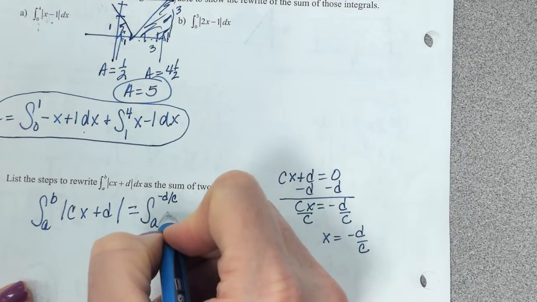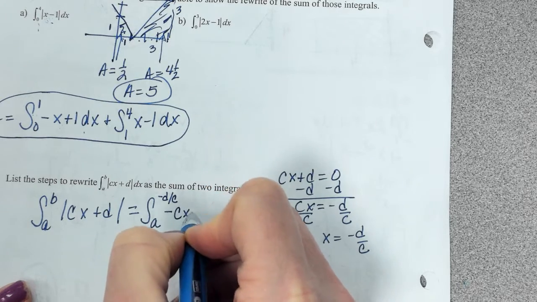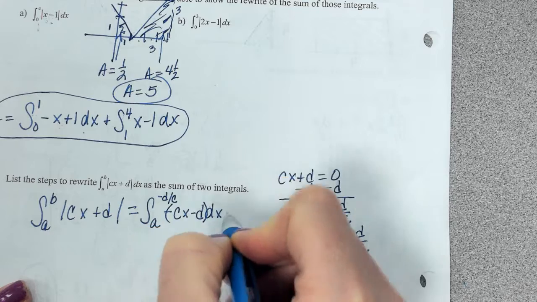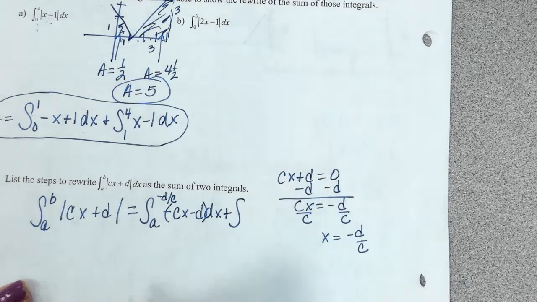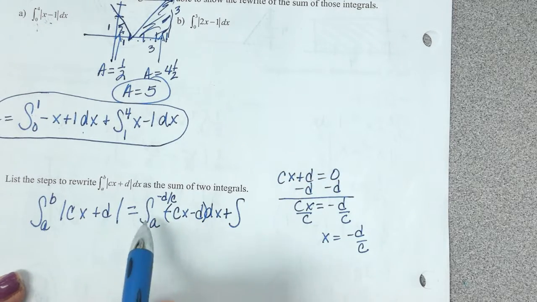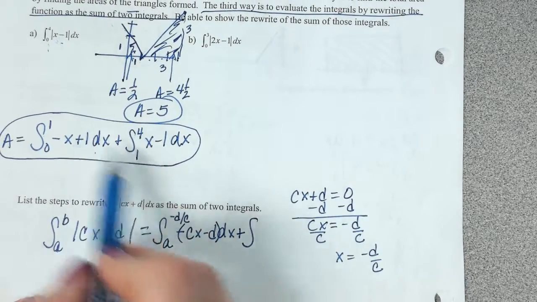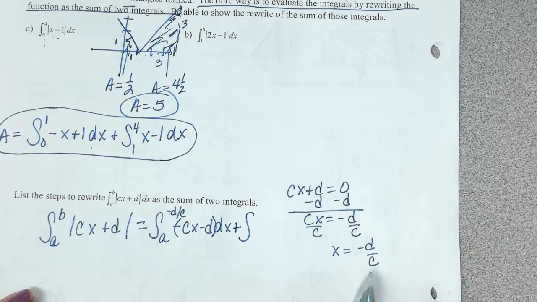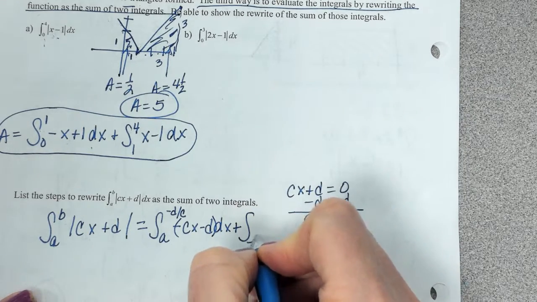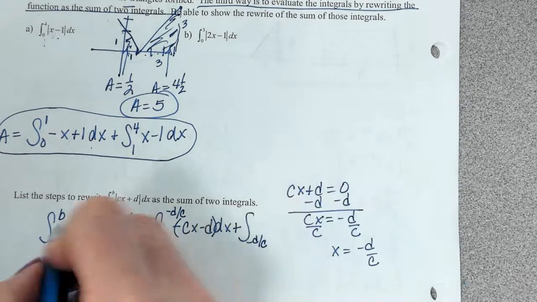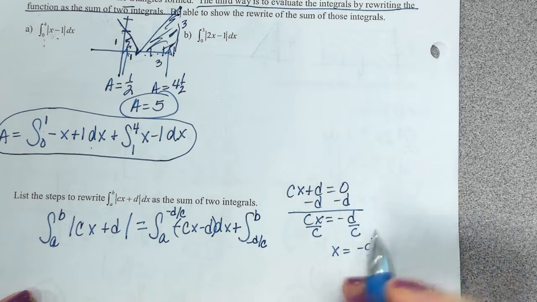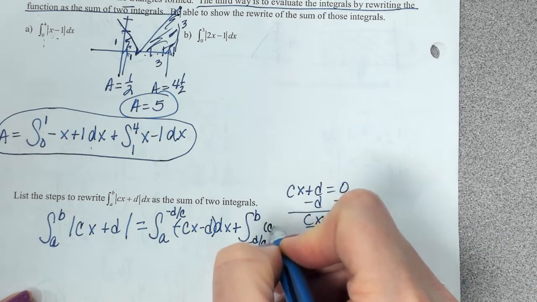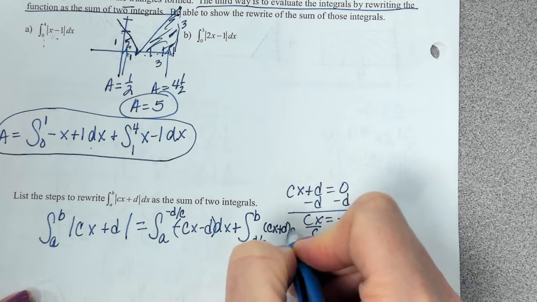So I could say then that it's going to be negative cx minus d dx, right? Plus the integral from, okay, now where would we start back up at whatever that vertex is? What was that vertex? Negative d over c, so I go from negative d over c up to b of cx plus d dx.